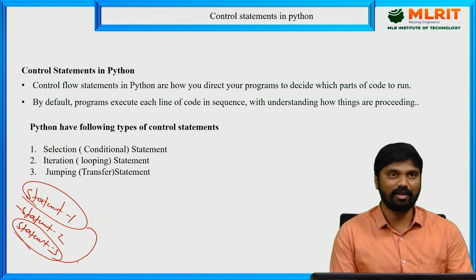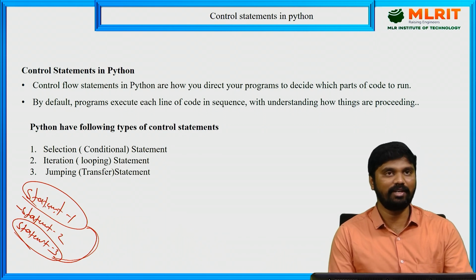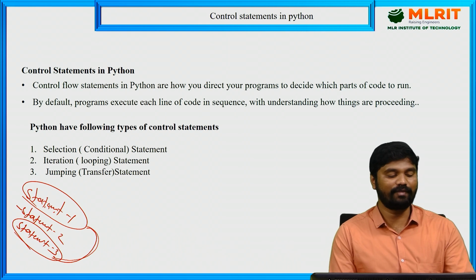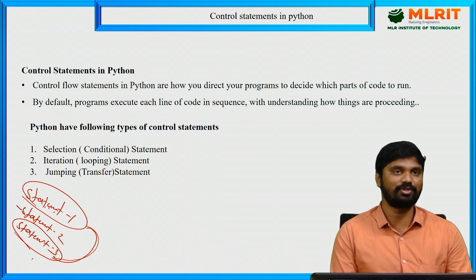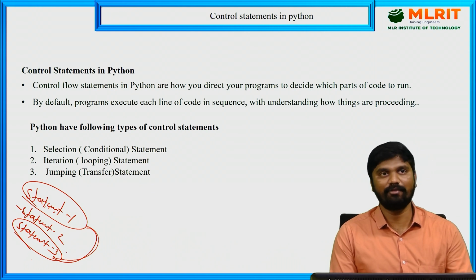So it means we change the flow of execution, right? After statement 1, generally statement 2 has to be executed. But what we did here is change the flow of execution. After statement 1 is executed, next statement 3 has to be executed. So what happens here? We change the flow of execution.